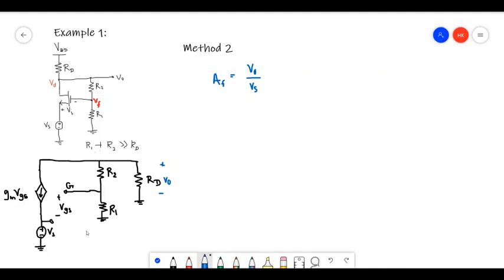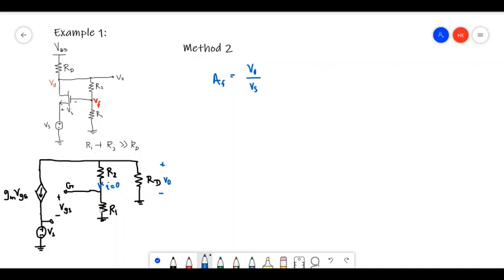For V out here, the thing that we can use is this one. R1 plus R2 is much larger than RD. In that case, we can consider that there's a very small current going through this branch, so this current is approximately equal to 0 and we can neglect that.